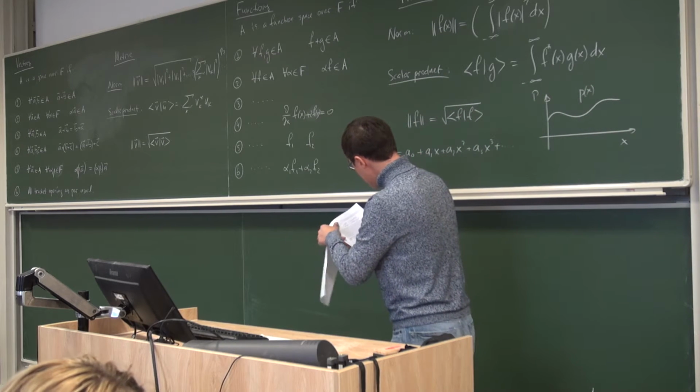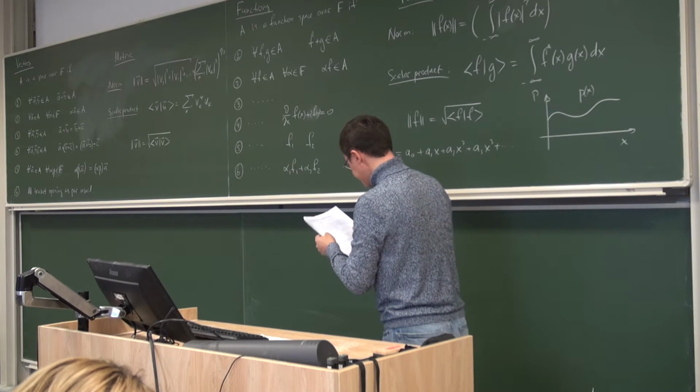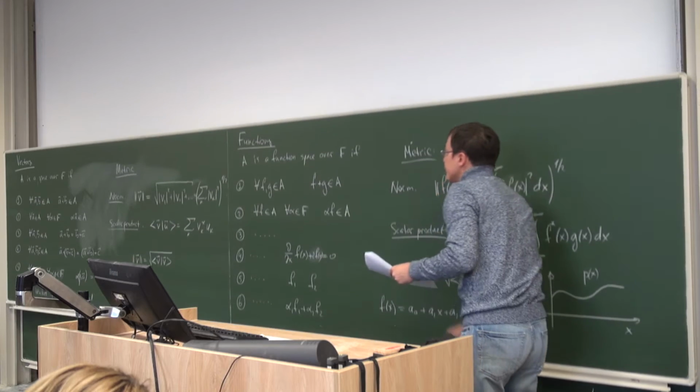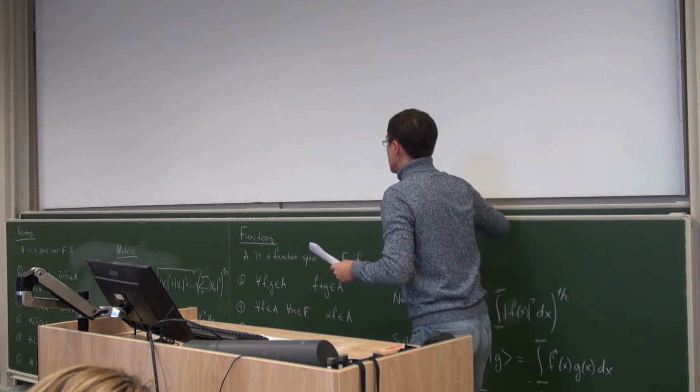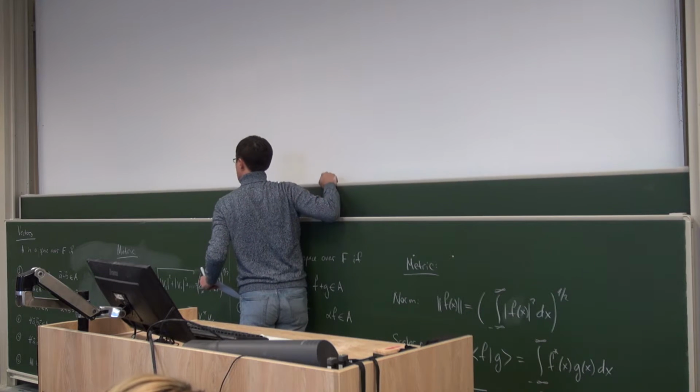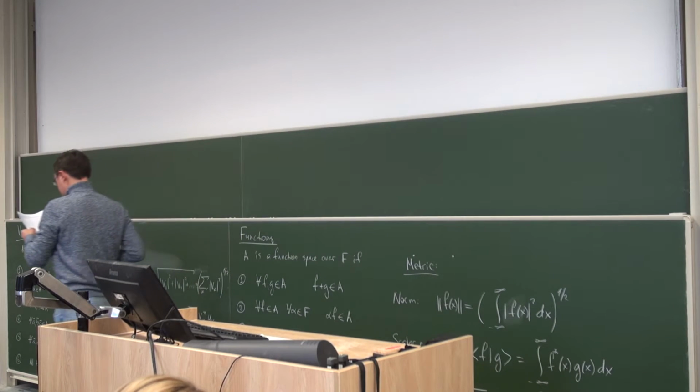Let us calculate a few norms of functions. We will come to calculation of norms of vectors. We are comfortable with the notion of vector space. So let us go into functions instead.